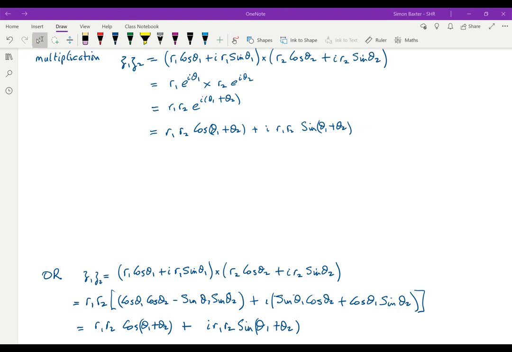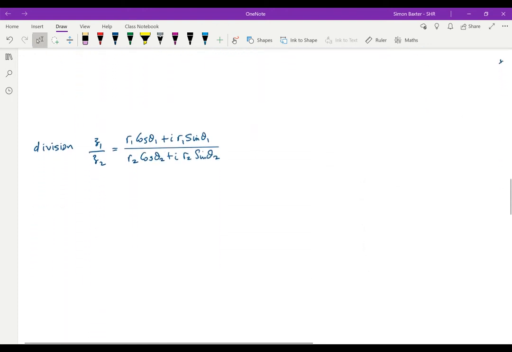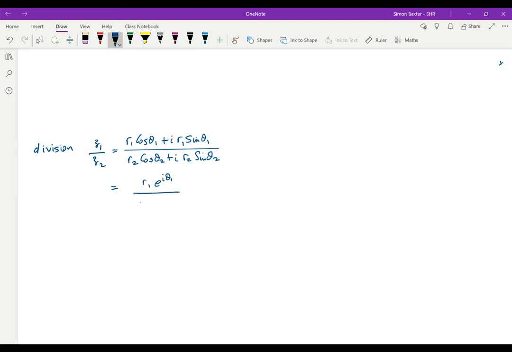Well, what happens when we look at division? If I want to divide two complex numbers, let's put those into exponential form: r1 e to the i theta 1 divided by r2 e to the i theta 2. That is going to be r1 over r2.